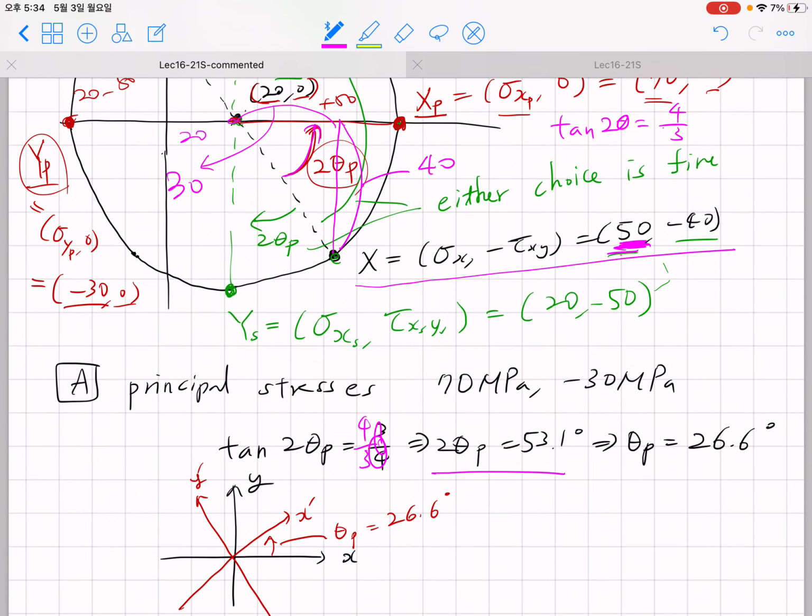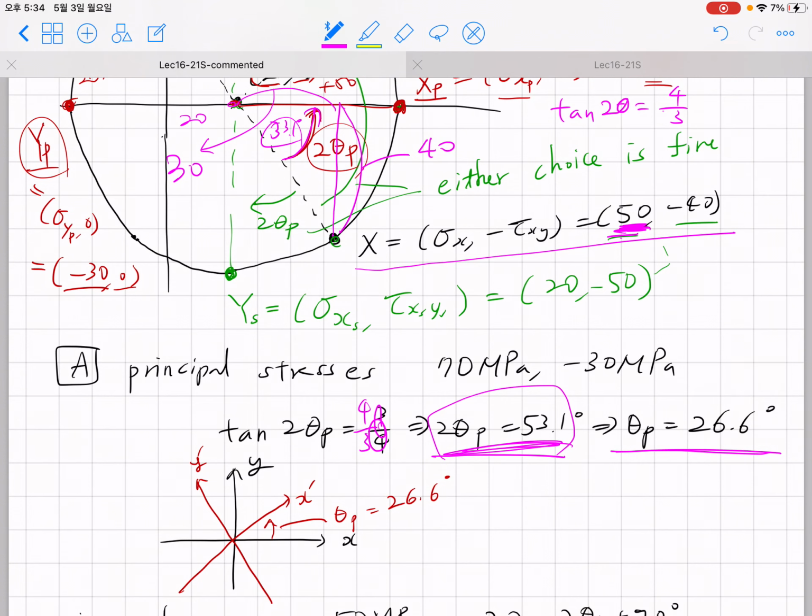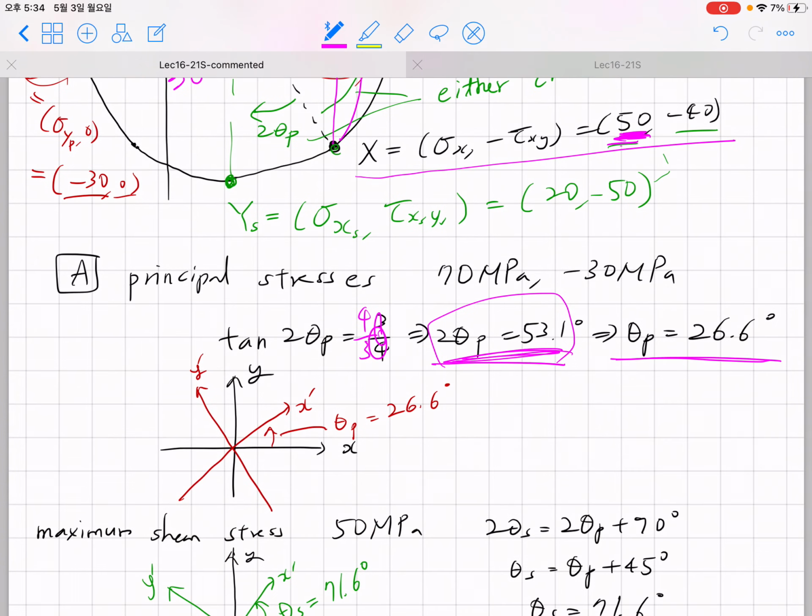Out of this you can obtain the rotation angle of the coordinate system x prime y prime. So theta p must be 26.6 degrees. If you define x prime y prime by rotating 26.6 degrees counterclockwise, you're gonna only have pure normal stress and 0 shear stress.